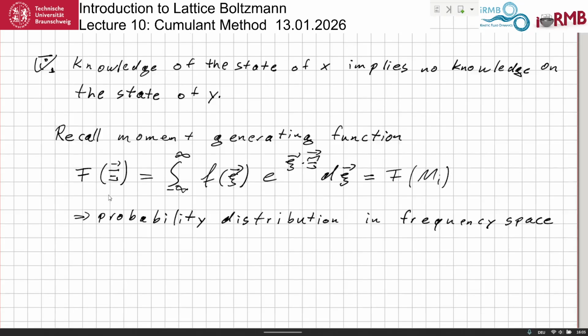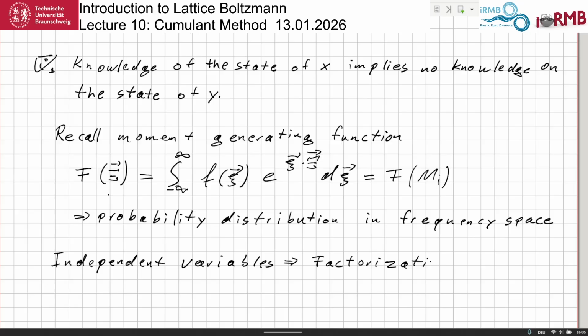And what we know about independence of variables is that their probabilities, and also their probability distributions, factorize.